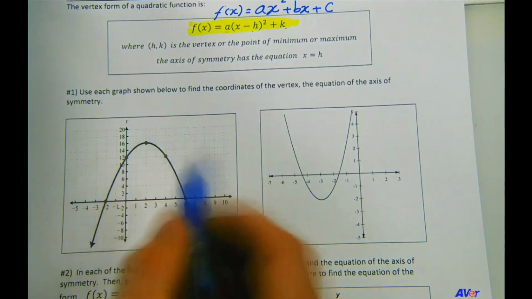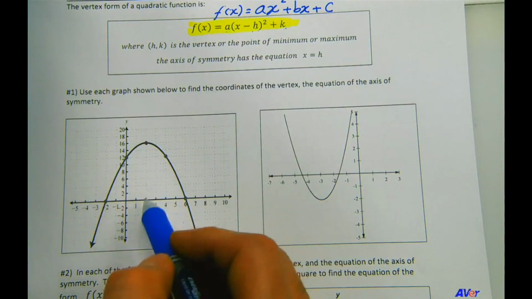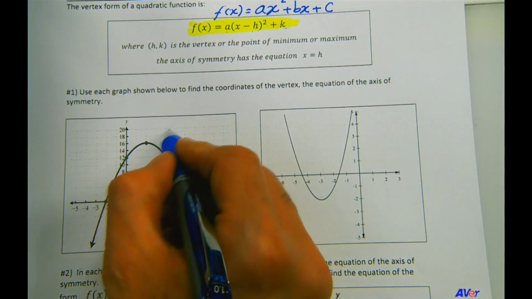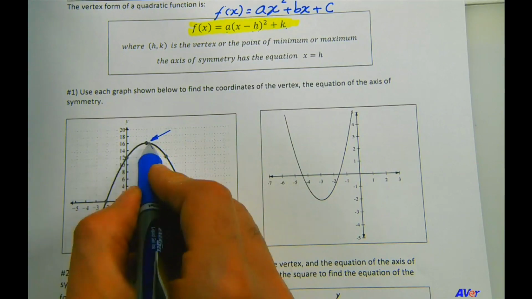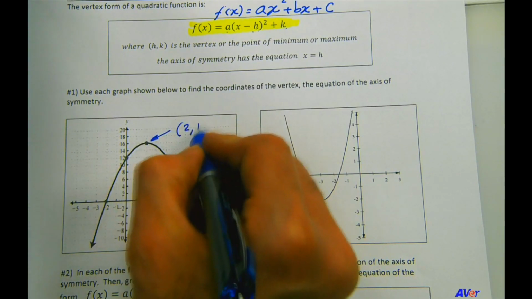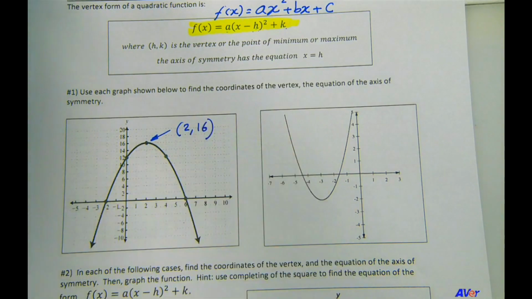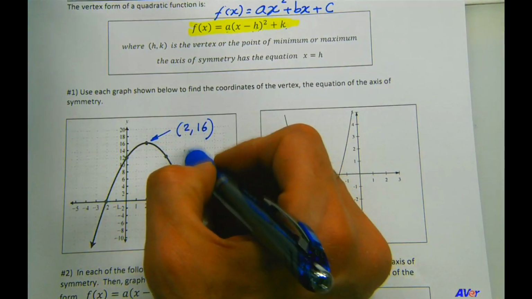Answering that question from the graph, we can read that that point is at (2, 16). And then the equation of the axis of symmetry is the equation that goes right through the h.